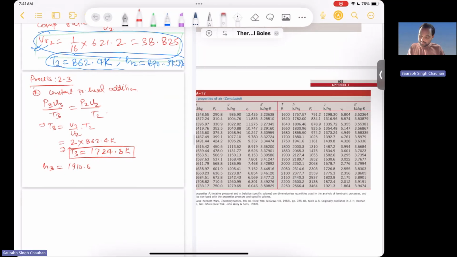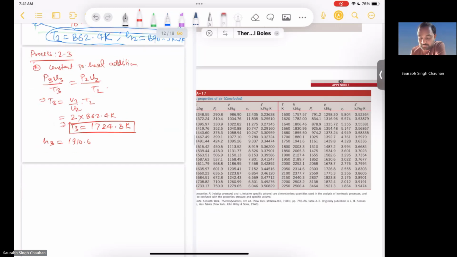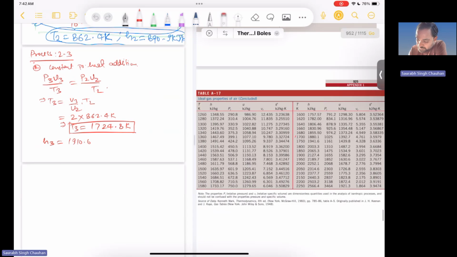It will be somewhere between these values, right? H3 should be somewhere around this value, for 1724.